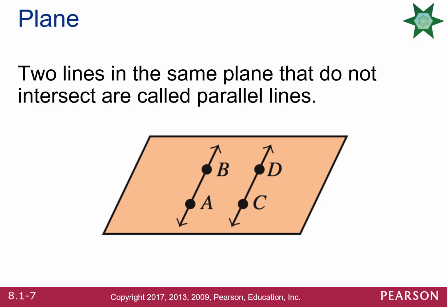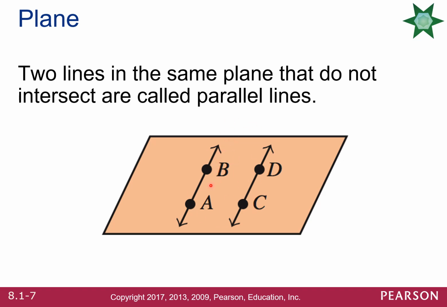So we learned that a plane can contain points within it, and when we connect those points, we will have lines also within the plane. And when we have a situation where we have 2 lines that never meet, they never intersect, then those lines are called parallel lines.